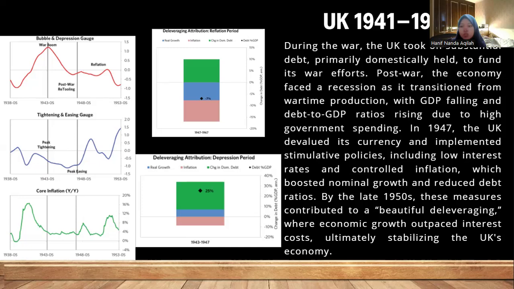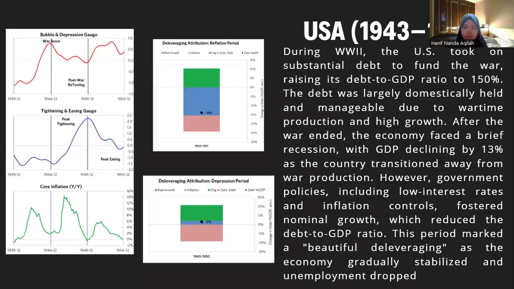Then in 1947, or 20 years before the end of the period in 1967, the UK devalued its currency and implemented stimulative policies, including low interest rates and controlled inflation. By the late 1950s, these measures contributed to a beautiful deleveraging, where economic growth outpaced interest costs, ultimately stabilizing the UK's economy.